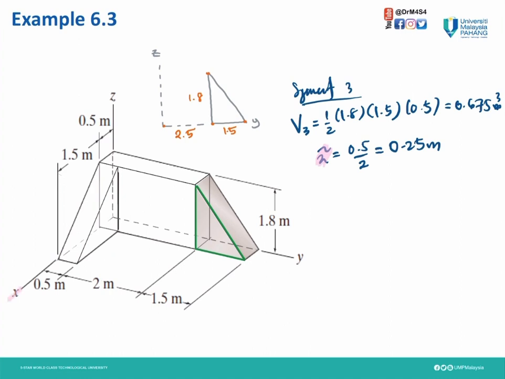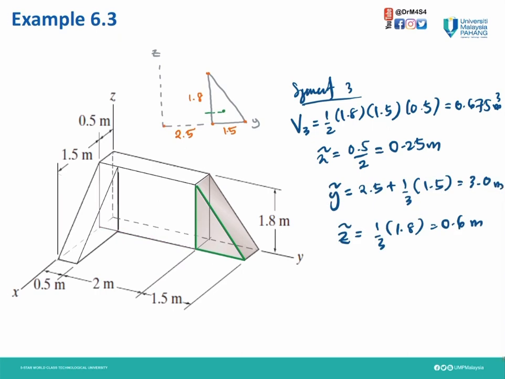On the x-axis, the thickness for this is 0.5, sliced into 2, 0.5 divided by 2, we get 0.25 meter. Then y bar, 1/3 of 1.5 plus this length 2.5, so we get y bar is 3 meter.